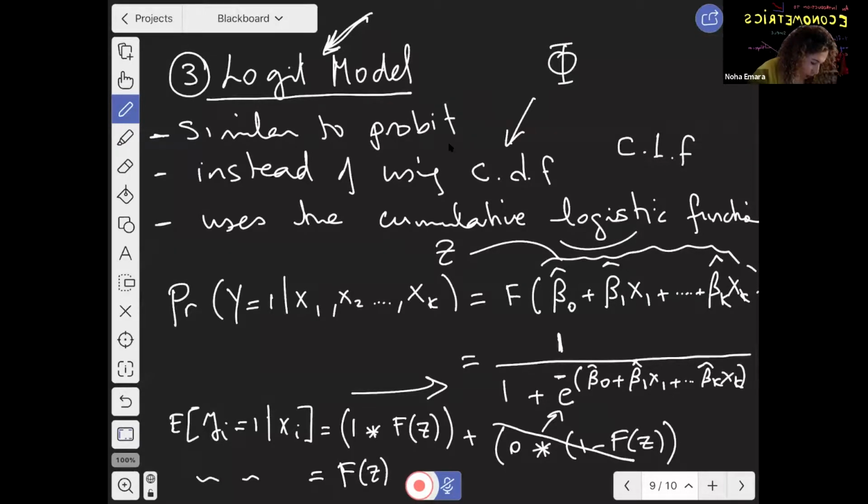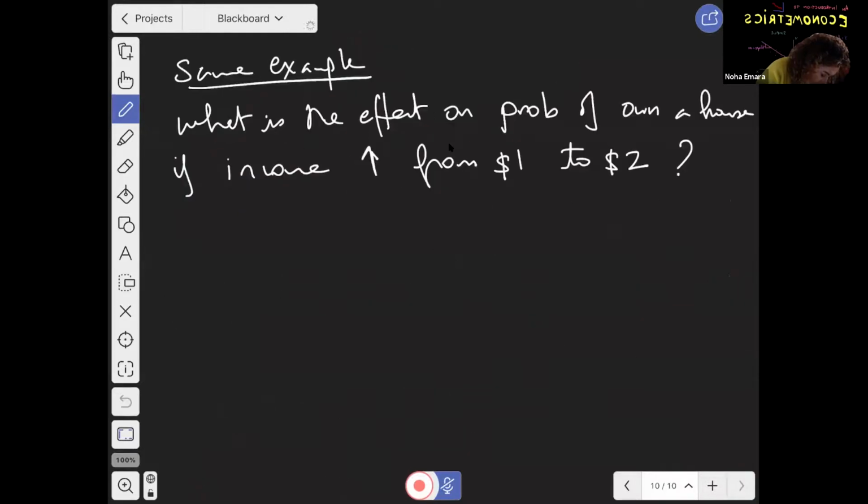Okay, so when I want to answer the example, what is the expectation of yi equal to 1 given income is equal to 1? I already know the number, right? So we got the number here.